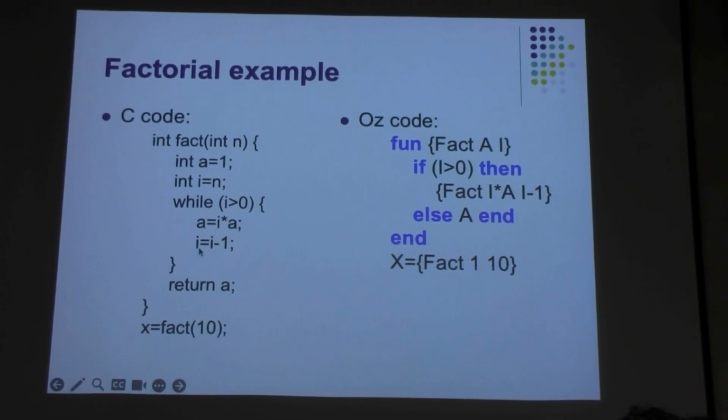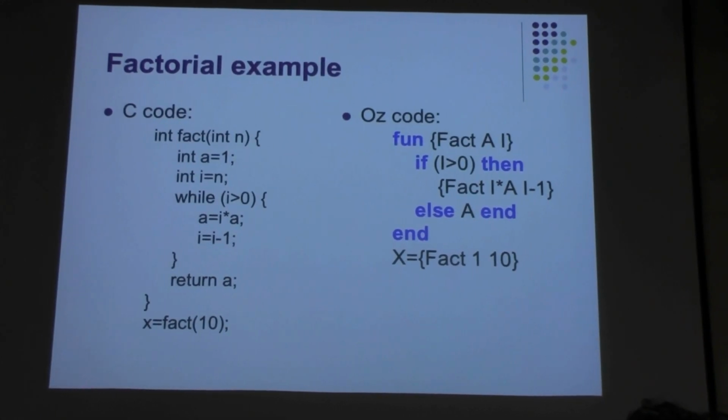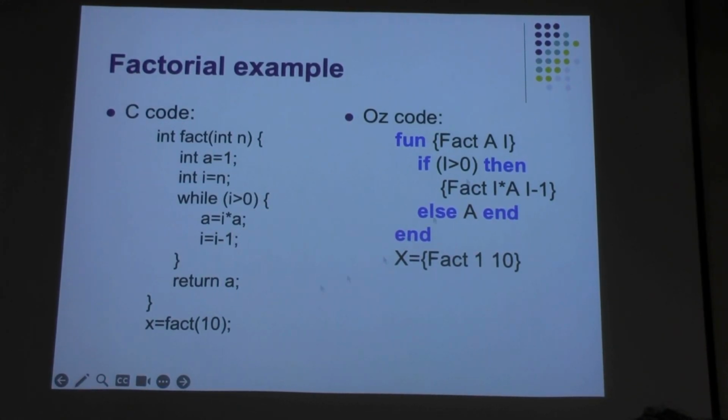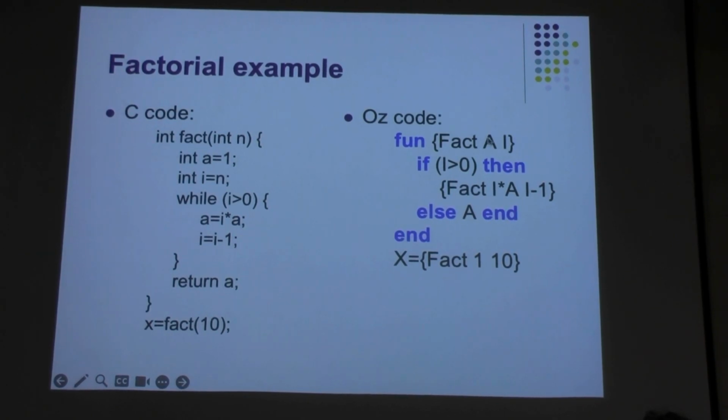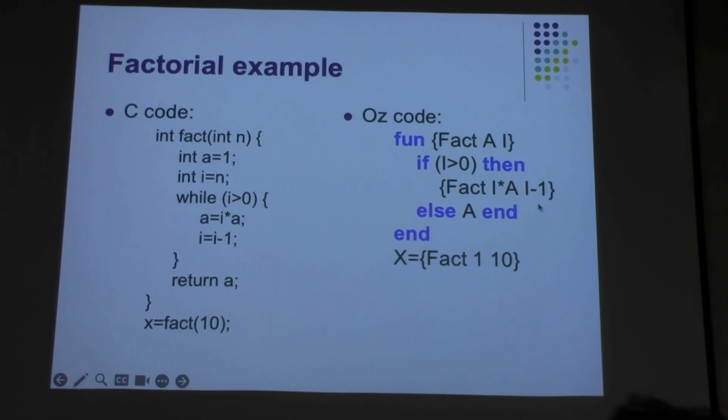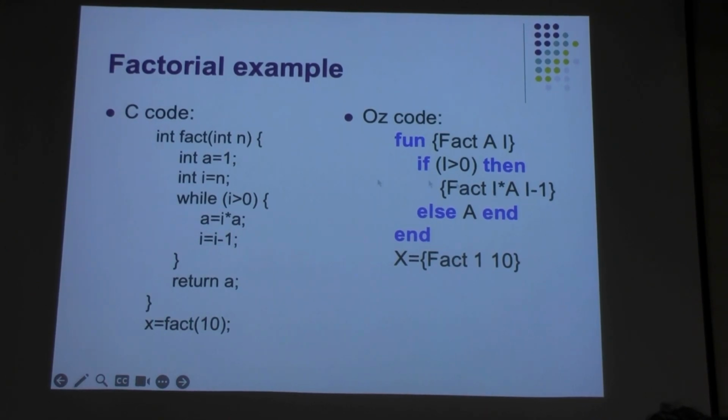In the functional case, a and i are arguments, and I'm doing exactly the same thing. The a argument becomes i times a, and the i argument becomes i minus 1. And when I'm done, when i is equal to 0, then a will be the result.